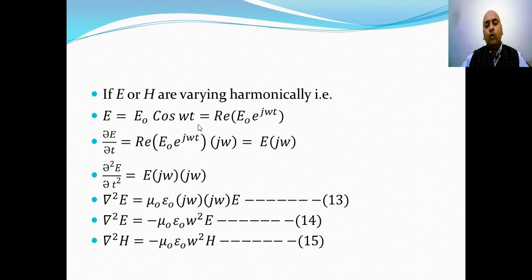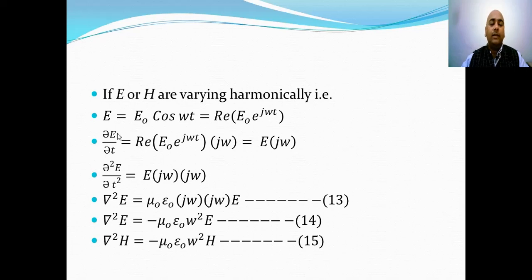Now cos omega t can be written as the real part of E naught e raised to power j omega t, because we know e raised to power j theta is cos theta plus j sin theta.